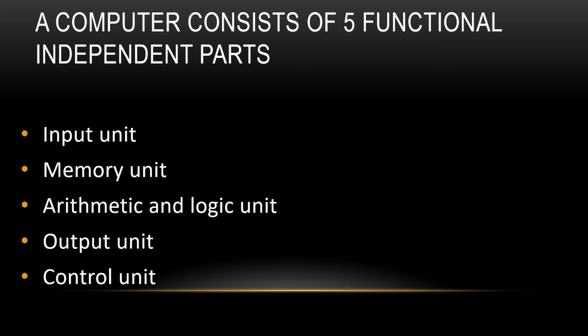Then the information received is stored in the computer's memory either for later use or to be processed immediately by the arithmetic and logic unit. So the computer memory will store the information and it is processed by the ALU maybe immediately or at a later time.